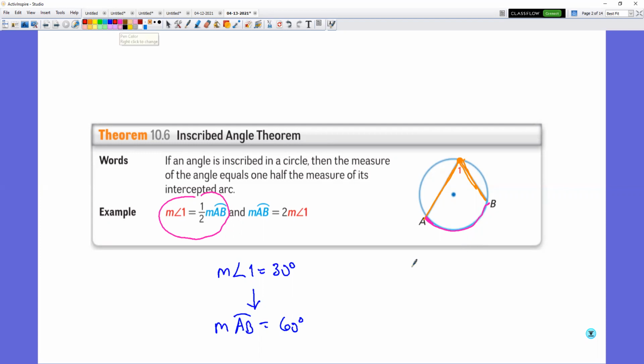Likewise, if the measurement of the arc was 80 degrees, then to find angle 1, you take half of 80, which is 40 degrees. So the angle is half of the arc, and the arc is double the angle. All right, let's do some problems.